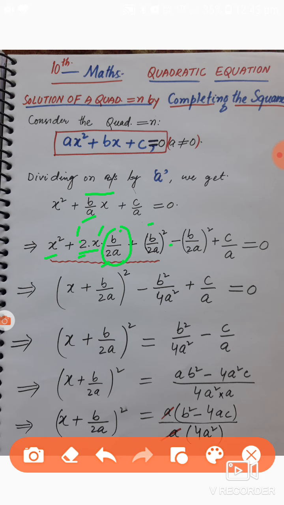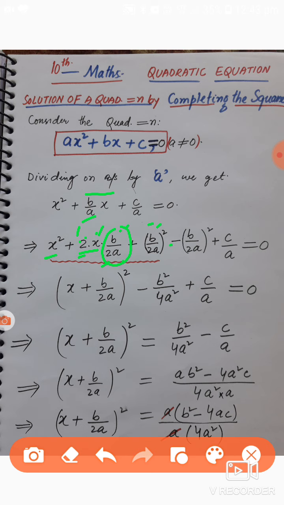Now a square plus 2ab plus b square, where instead of b you have b by 2a. So after this it is the a plus b whole square identity.